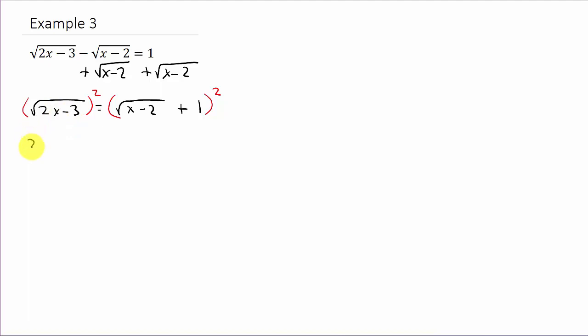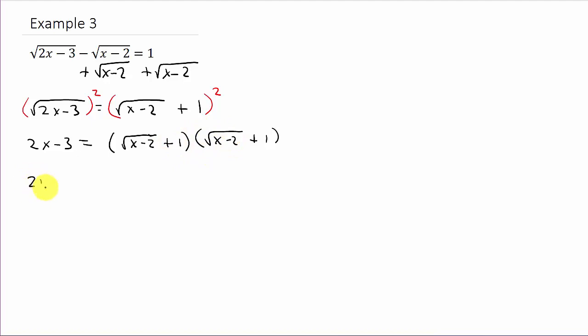So this will give us 2x minus 3 equals, and let's write this one out: the square root of x minus 2 plus 1, squared. Remember, that's the square root of x minus 2 plus 1 times the square root of x minus 2 plus 1. So I have to FOIL this out.